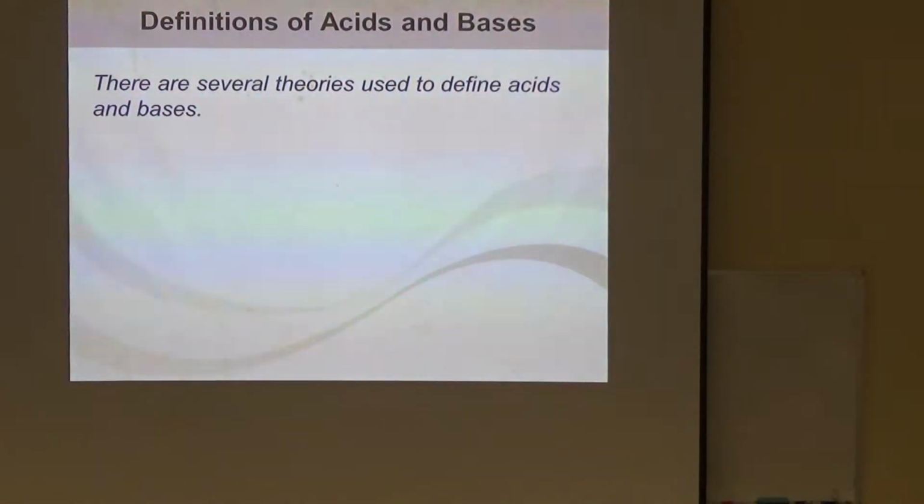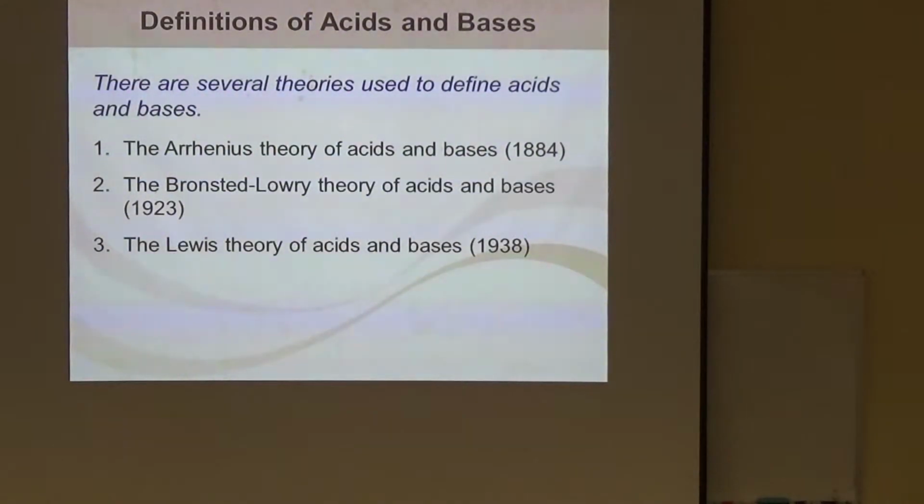So, the earliest theory that we are going to make you learn is the one that you are probably familiar with: Arrhenius theory of acids and bases, 1884. You will think: acid produces H+, base produces OH-.